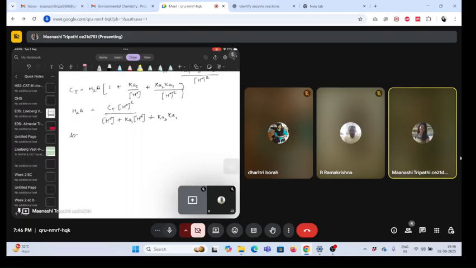So log H2A will be equal to log Ct minus 2pH, because when we take log of this, it will be 2 log H plus, and log H plus is minus pH.